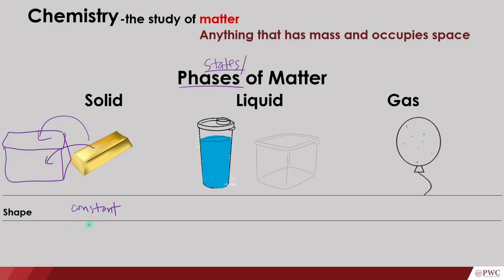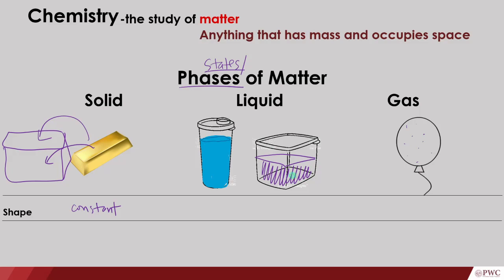That's different for liquids, because if you transfer this liquid to this container, obviously its shape will change. In this case, its shape is cylindrical because that's the shape of the container. But if you put this in another container, of course, it will change its shape.